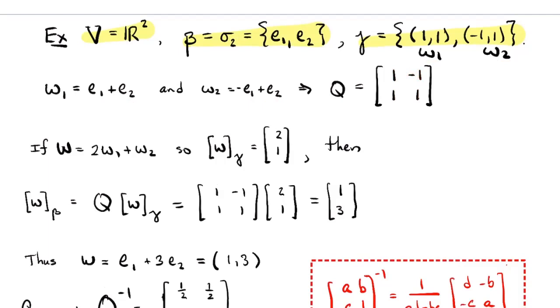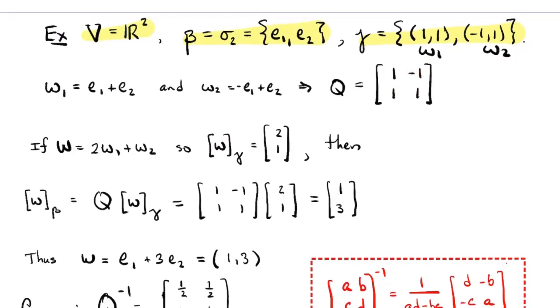So just to illustrate, what does that matrix do? Remember, this matrix converts by left multiplication gamma coordinates to beta coordinates. So let's take some gamma coordinate vector. Let's say W is the vector 2W1 plus W2. Okay, so its coordinates in the gamma basis would be the coordinate vector 2, 1.